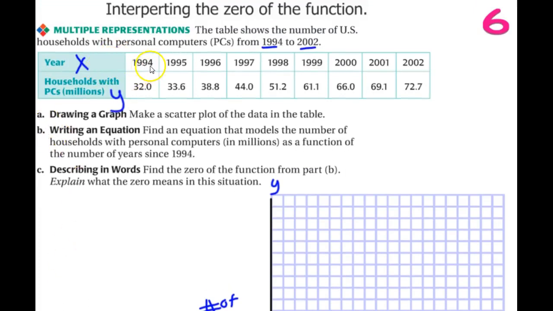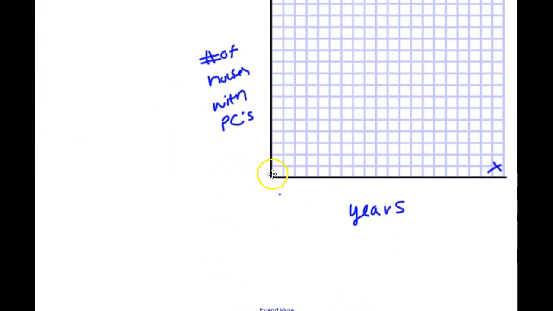So my x-axis, I need to go from the year 1994 to the year 2002. If they're talking about the years since 1994, if it is 1994, it's been 0 years since 1994. In 1995, it's been 1 year since 1994. And then 2, 3, 4, 5, 6, 7, 8. So my x-axis, I only need to go to 8, so I'm going to go every other line: 0, 1, 2, just to take up more of the graph.